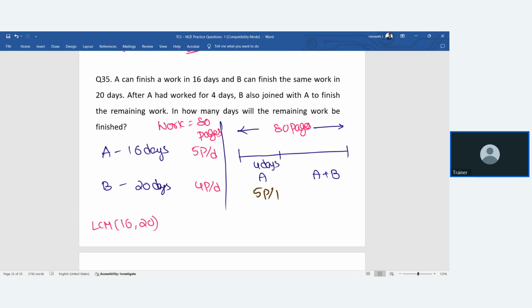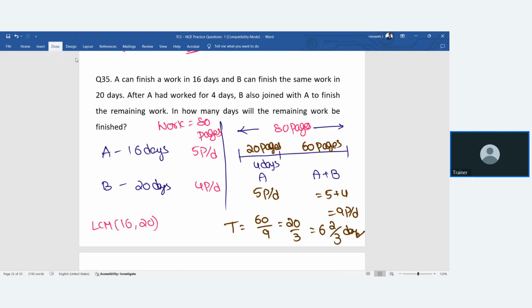So 5 into 4, 20 pages are completed. Then 60 pages are pending. This should be done by A and B, which is 5 plus 4, 9 pages per day. Now the time required for the remaining work is 60 divided by 9, which is 20 divided by 3, which is 6 2/3 days.